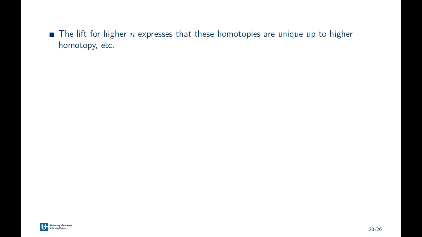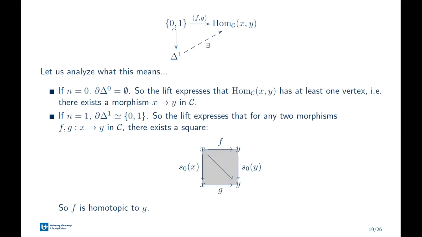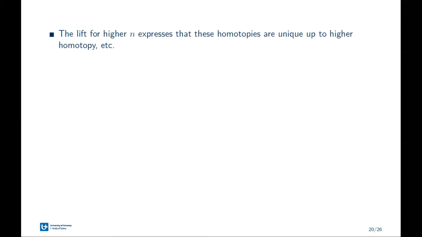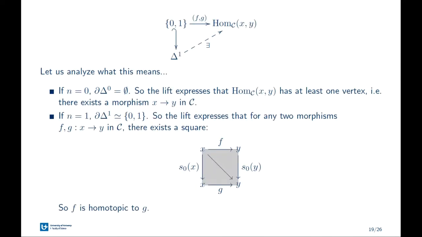And then we can go on, we can take higher n, and this lifting condition for these higher n expresses that these homotopies appearing in the previous slide, these two triangles, are also themselves unique, but up to a higher notion of homotopy. So if I have two such triangles that fit in here, I can connect them with each other with a higher dimensional simplex. So these homotopies are themselves unique up to homotopy, and those homotopies are again unique up to a higher notion of homotopy, and so on.